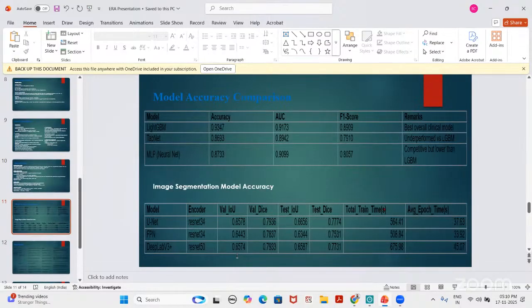And this is the comparison of model accuracy. As I told, we use multiple models like LightGBM, Tabnet, MLP, UNet, FPN, and DeepLab v3, and those are the accuracies that we found while working on the project.